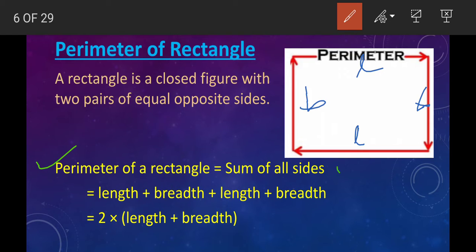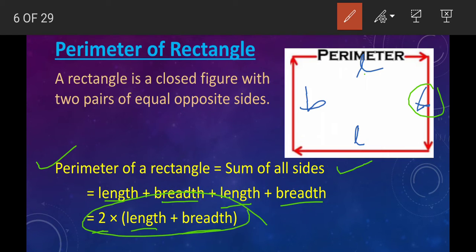Length, then breadth, then again length and again breadth. Here we are getting 2 times length and 2 times breadth, so we can write the formula as 2 into (length plus breadth). Perimeter of rectangle equals 2 multiplied by (length plus breadth).